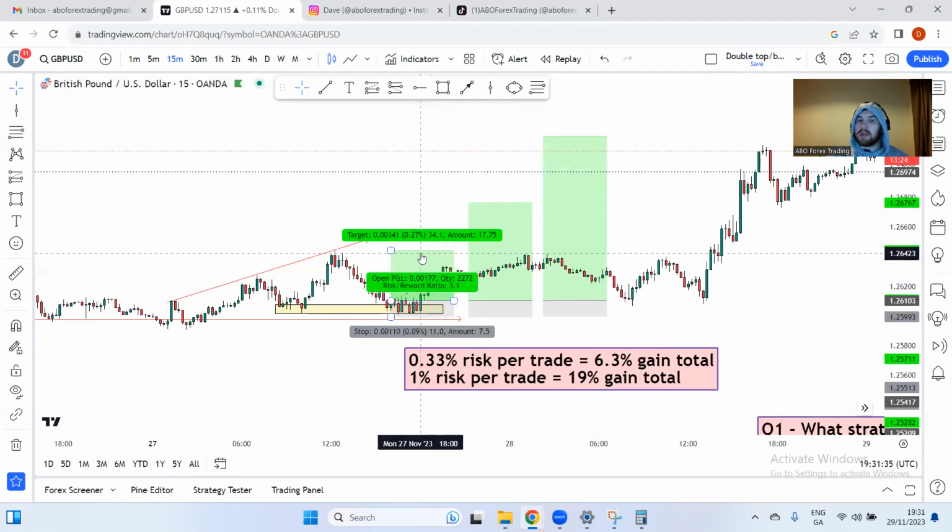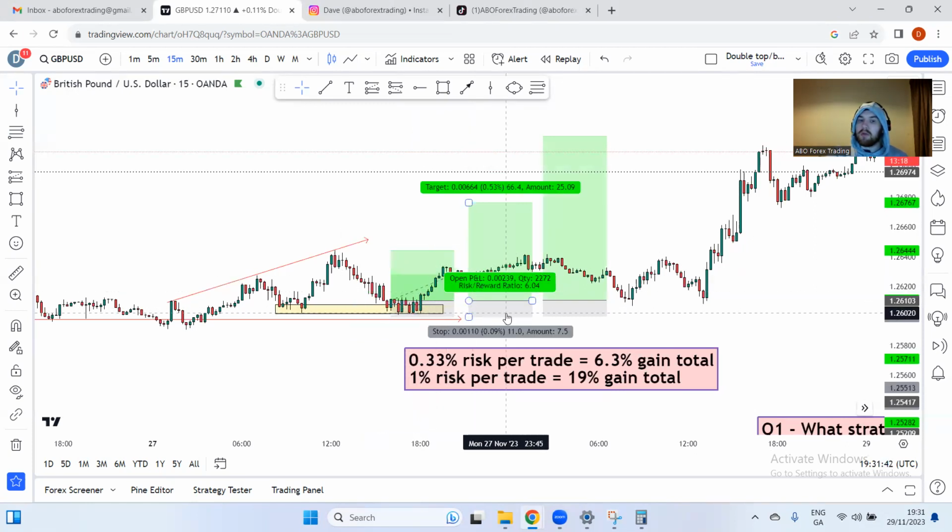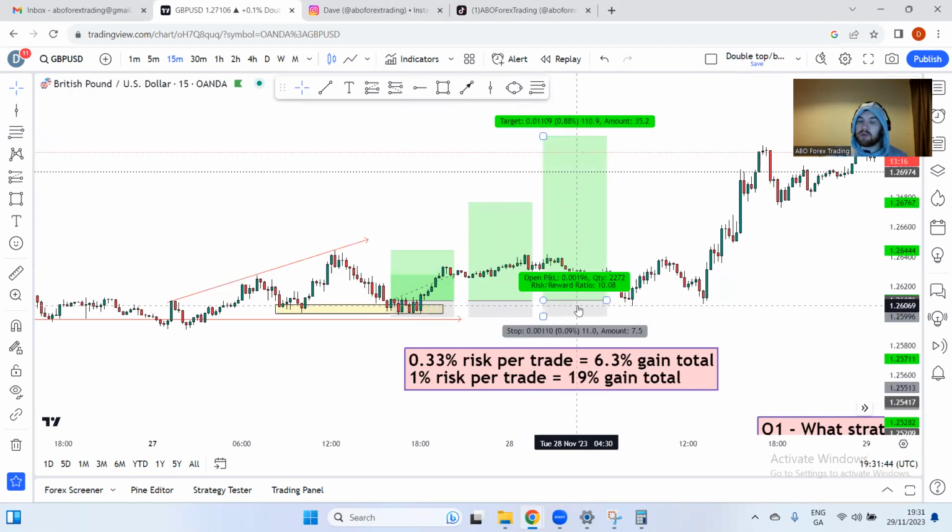So say you risk it here, you've gained 1% total here, and you've lost 0.3% here. Your total gain at the end of this is 0.3%. So you're still walking away with a profit.